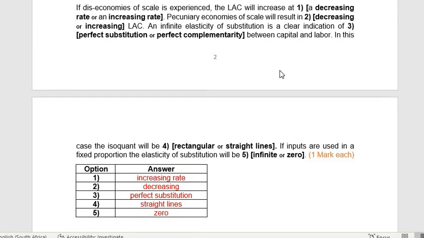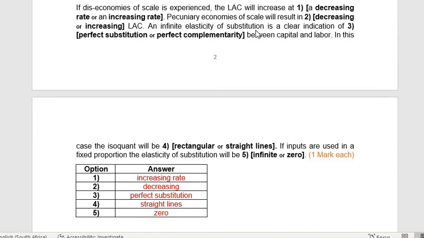So if the diseconomies of scale is experienced, then the long run average cost curve will increase at an increasing rate. Because just think about it, with economies of scale, your costs are increasing at a decreasing rate. So the opposite of that is diseconomies of scale. So therefore the long run average cost curve will experience the opposite of that. And then the pecuniary economies of scale will result in a decreasing long run average cost curve.